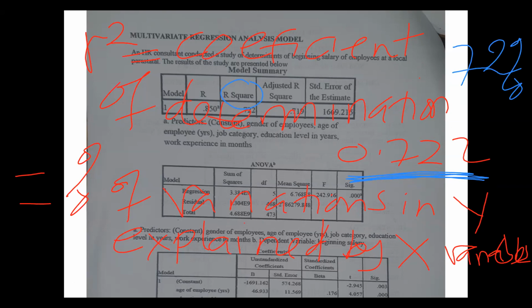What is our dependent variable? It's the beginning salary. So 72% of the changes in the beginning salary are explained by the gender of the employees, the age of the employees, the job category, the education level in years, and the work experience in months.